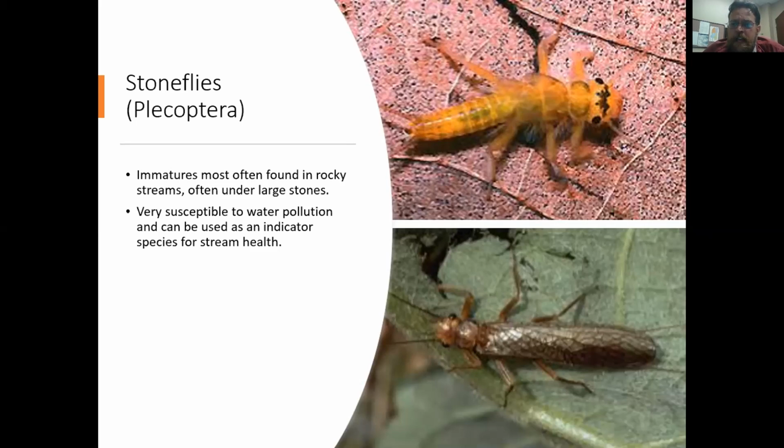Because of that, we can easily use them when we're looking at stream health. We can look at the population of stoneflies and other insects in there and get a good idea of what's going on with the health of that waterway by looking at the insect populations we see there.